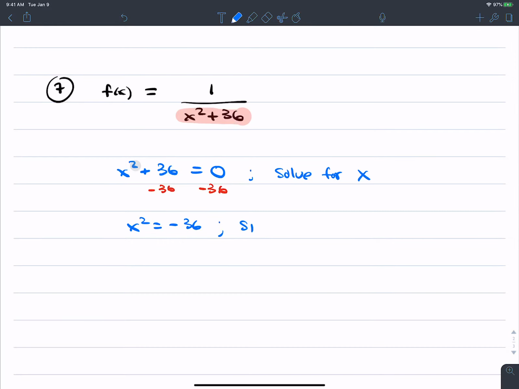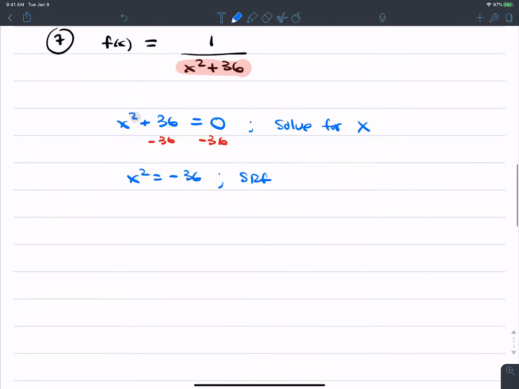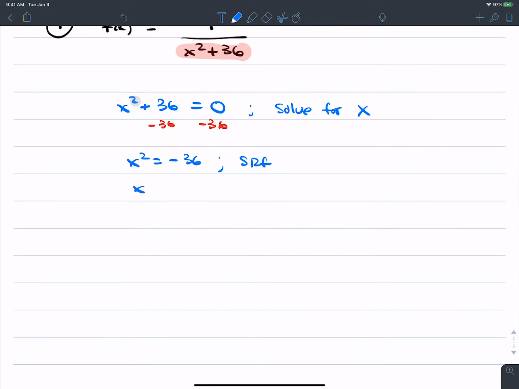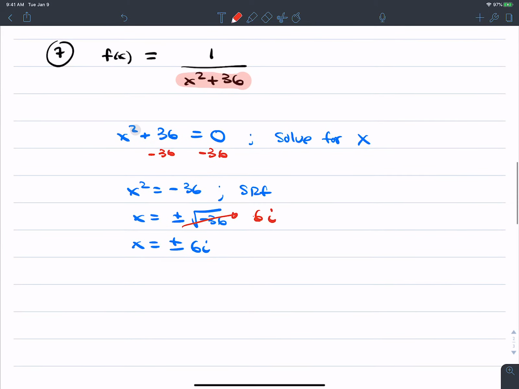Now by the square root formula, what this gives us is x going to be plus or minus the square root of negative 36, which means x is plus or minus 6i, because the square root of negative 36 is actually 6i. It's complex, it's imaginary. So our solutions here for this equation, the rocks, are complex numbers.